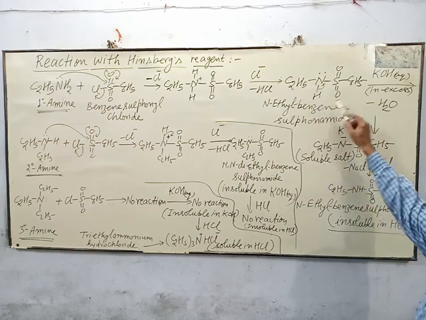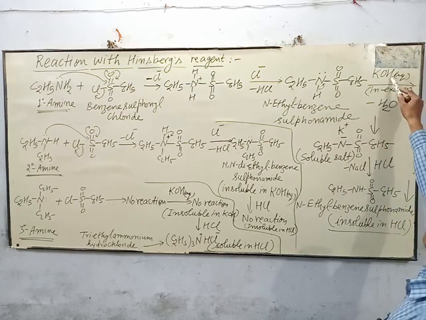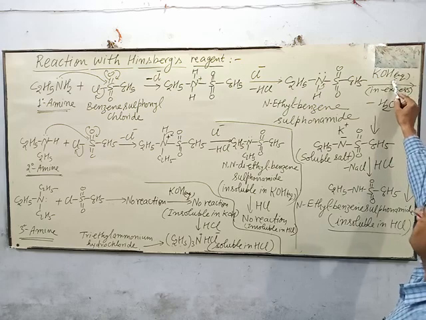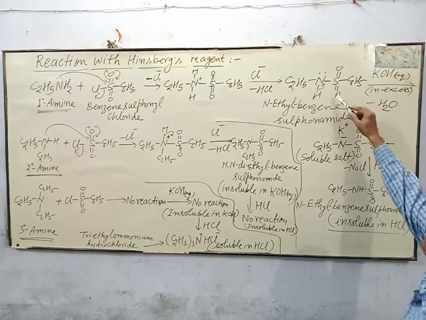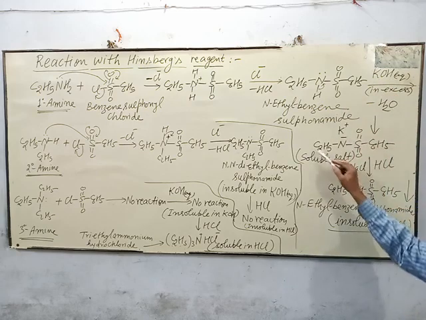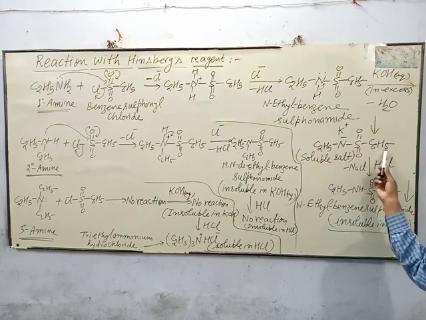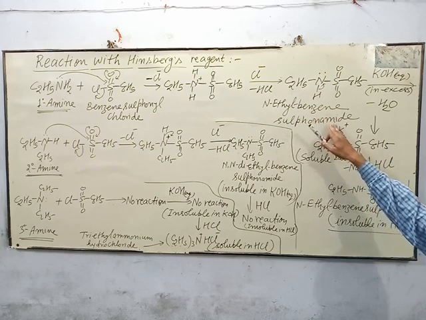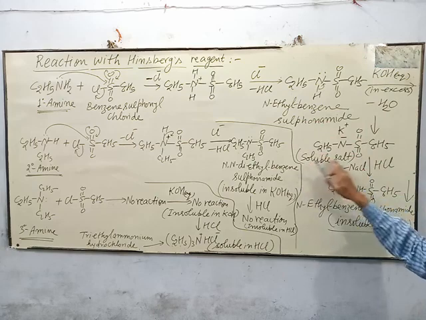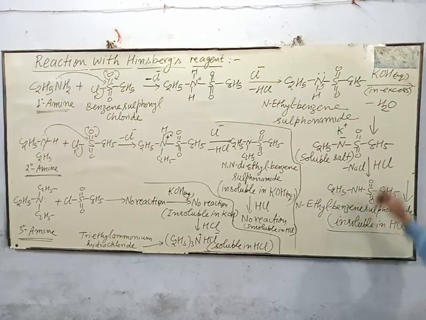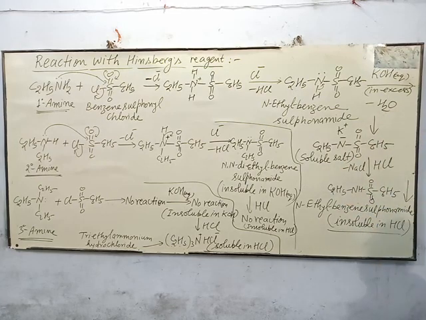This is an acidic hydrogen, that's why the OH part of KOH and H are removed in the form of H2O and K forms a salt with this negative ion. This is the potassium salt of N-ethyl benzene sulfonamide. If we take NaOH, then the sodium salt of N-ethyl benzene sulfonamide is formed. This salt is soluble in KOH or NaOH solution.